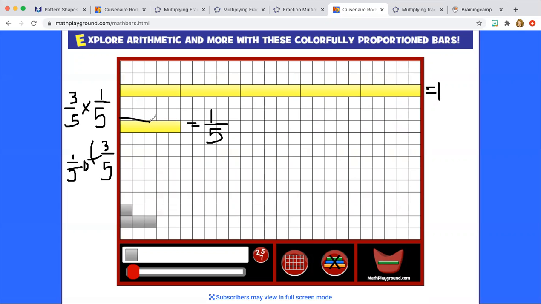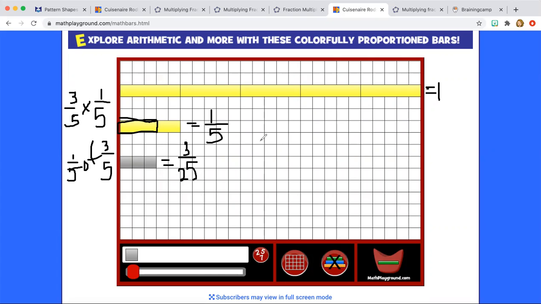So now I want 3/5 of this 1/5, which, yep, as you guessed it, ends up being 1, 2, 3, 3/5 of that 1/5. And so those 3, 1, 2, 3, refer back to the whole, 3/25. And that's because it was, right, a unit fraction, 3/5 of 1/5.